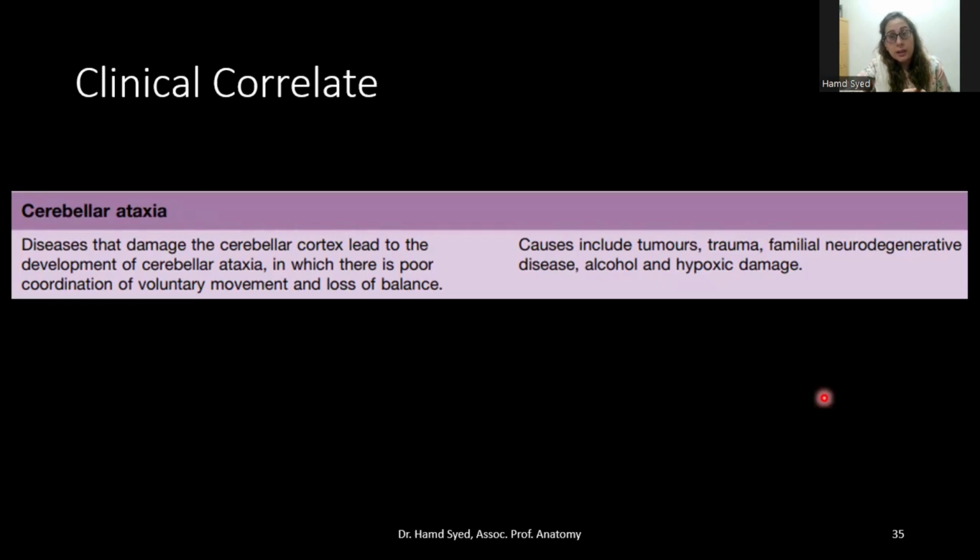But in any case, when the cerebellar cortex is damaged, the condition known as cerebellar ataxia can occur. As we know, the normal function of the cerebellum is to maintain posture, balance, and equilibrium. So when this function is disturbed, there will be ataxia, and ataxia is the sign in which there is poor coordination of voluntary movement and there is loss of balance. So that is one of the clinical outcomes of cerebellar disease.